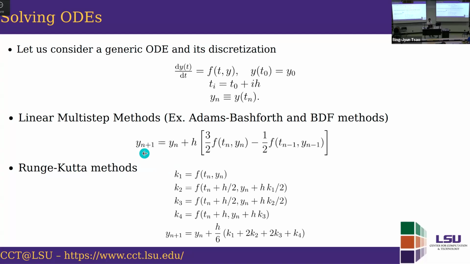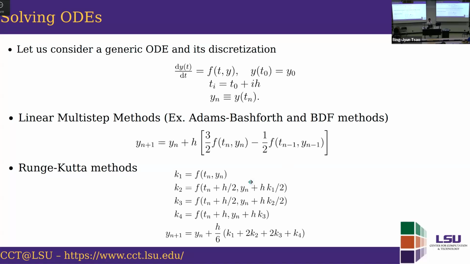Here we are updating our state one step forward in time, and in a linear multi-step method, we are doing that by introducing a combination of the right-hand side evaluated at different points in time. So here I am taking the right-hand side at the current time step, and the right-hand side at the previous time step. So basically, we are combining past and current information to predict the future.